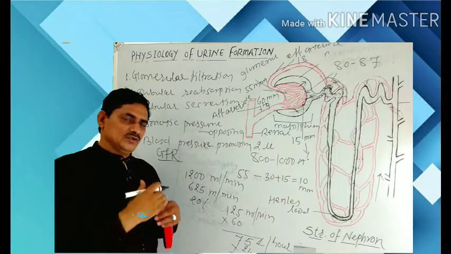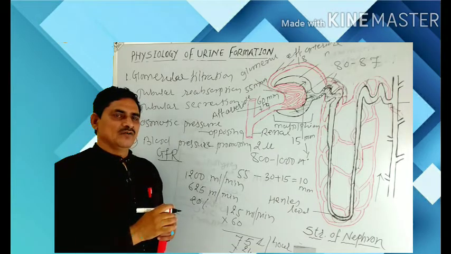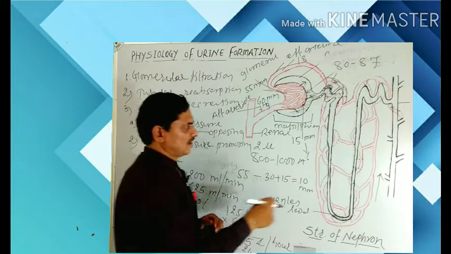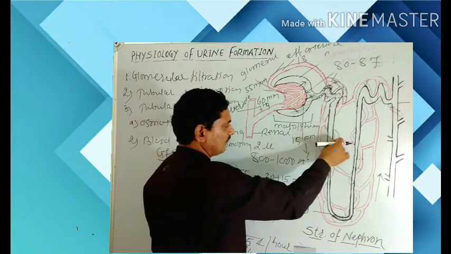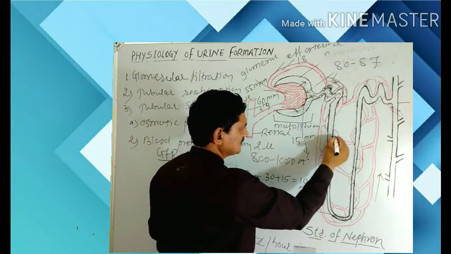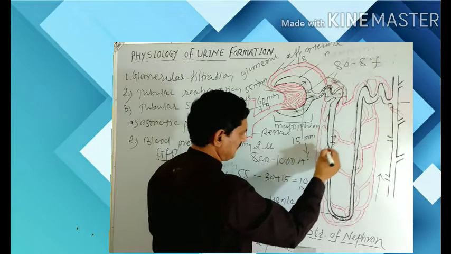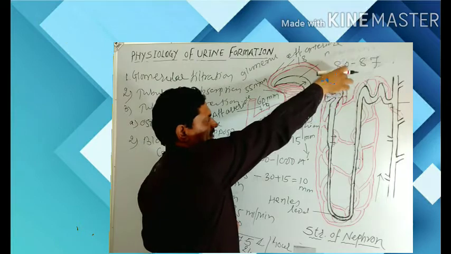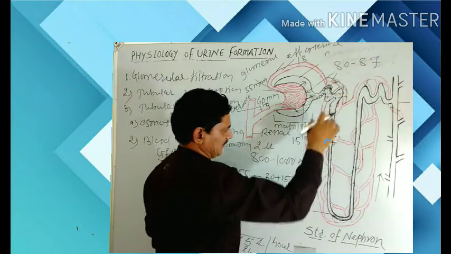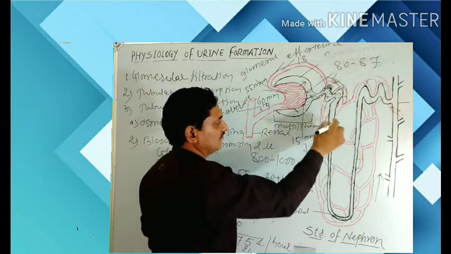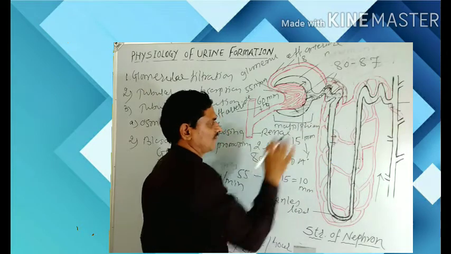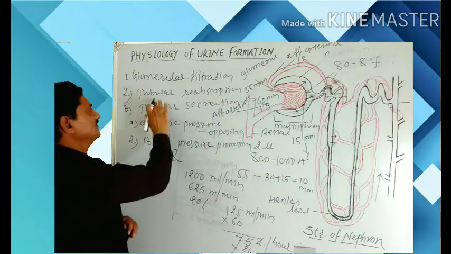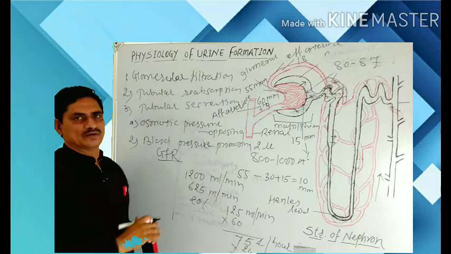The useful substances reabsorbed from the lumen of the nephron enter into the vasa recta, the blood capillaries that run along with the lumen of the nephron. This is the tubular reabsorption.